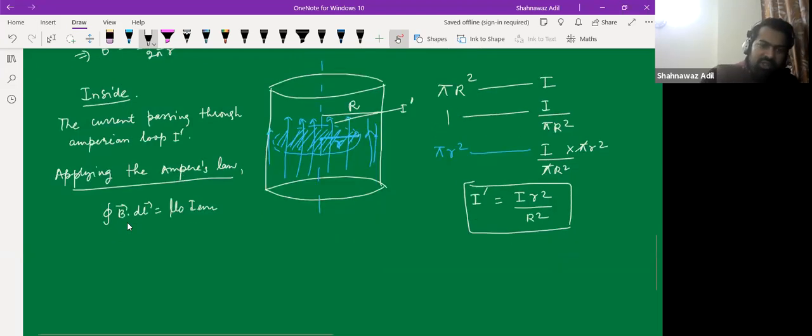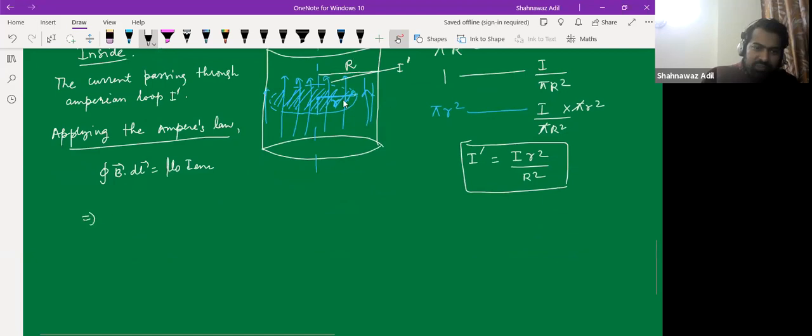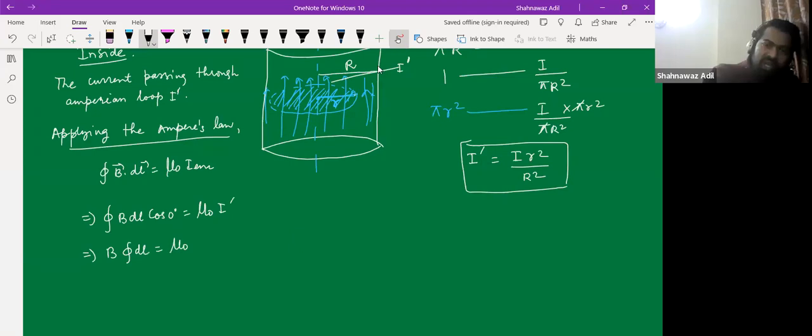Again dl is going along the loop, so the angle is again 0 degree. So B dl cos 0 degree, B is taken outside the integral, equals mu naught I dash.